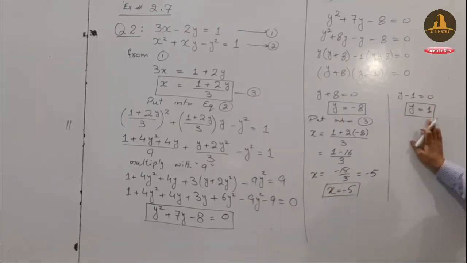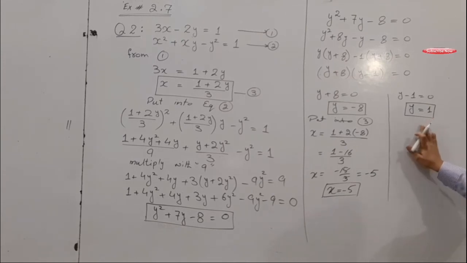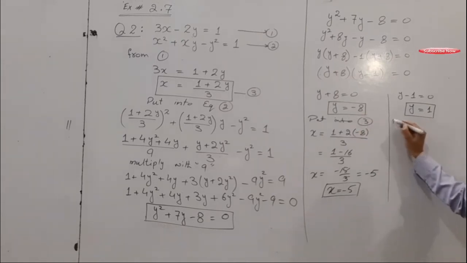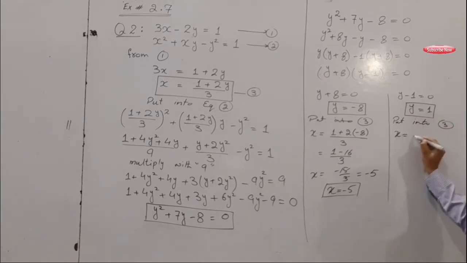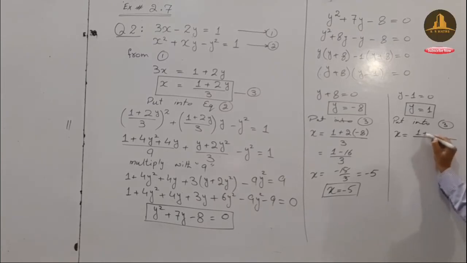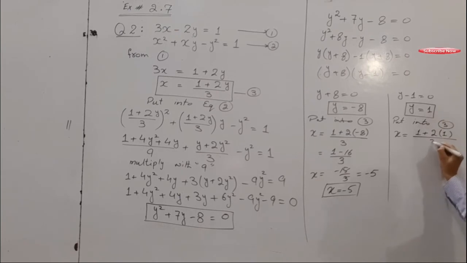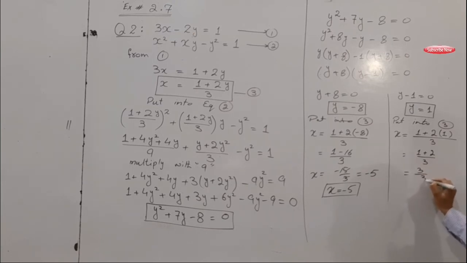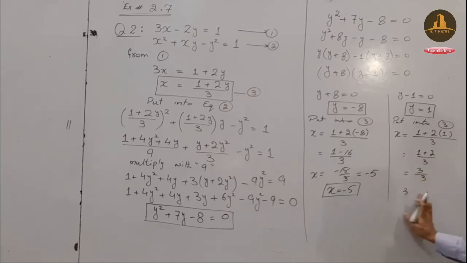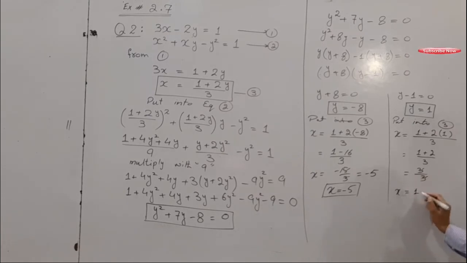And here, from this again put into 3, x is equal to 1 plus 2y over 3, y is equal to 1 in this case. 1 plus 2 divided by 3 means 3 over 3. So x is equal to, cancel, and 1. x is equal to 1.